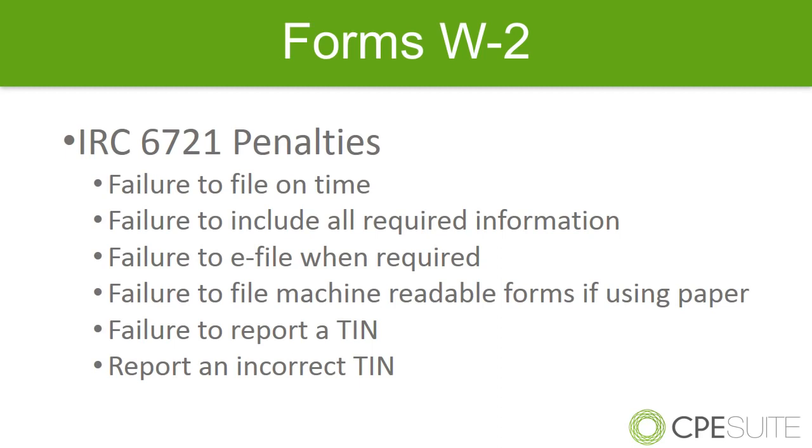So you can be penalized for the failure to file on time, the failure to include all required information, the failure to e-file when you are required to do so, the failure to file machine-readable forms if you're doing these on paper, the failure to report a taxpayer ID number, or the failure to report a correction when you have incorrect information on a W-2. All of these can incur penalties.